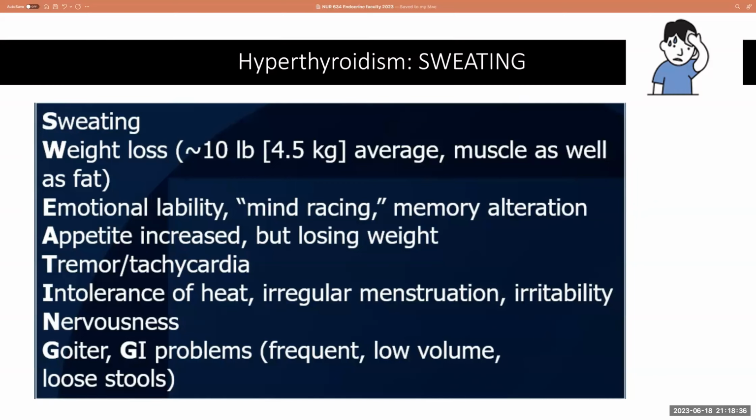They can have tremors, tachycardia. They're intolerant to heat. They have irregular menstruation. They can have irritability, very nervous. Sometimes they have a goiter, and sometimes GI problems, which is frequent, low volume, loose stools. The tachycardia is due to an increased stimulation of beta-1, causing that increased rate and increased force of contraction.